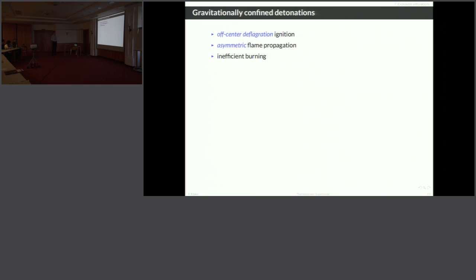The idea here is that one starts out with a deflagration that is ignited off-center in a single spark or a few sparks, so that one gets an asymmetric flame propagation and an inefficient burning in the deflagration phase. Then the flame breaks out of the surface of the still bound remnant, and it is gravitationally bound and therefore slides around the bound remnant and collides on the antipode of the breakout point. And this collision is claimed then to trigger a detonation.